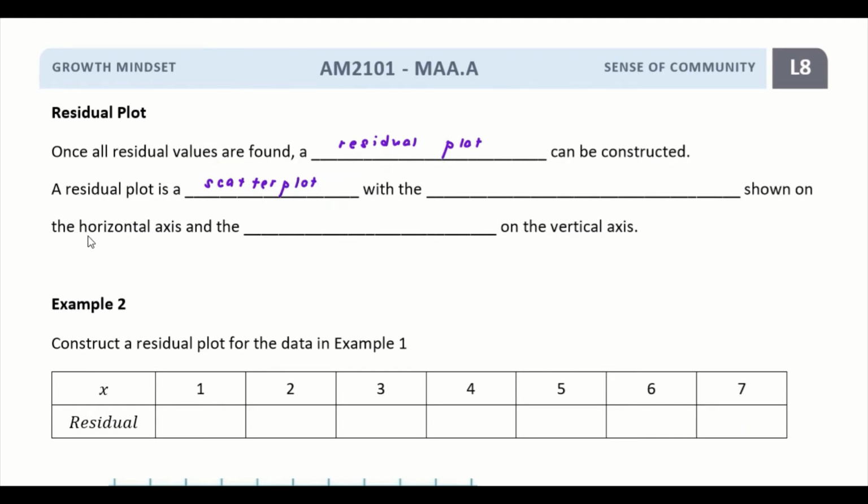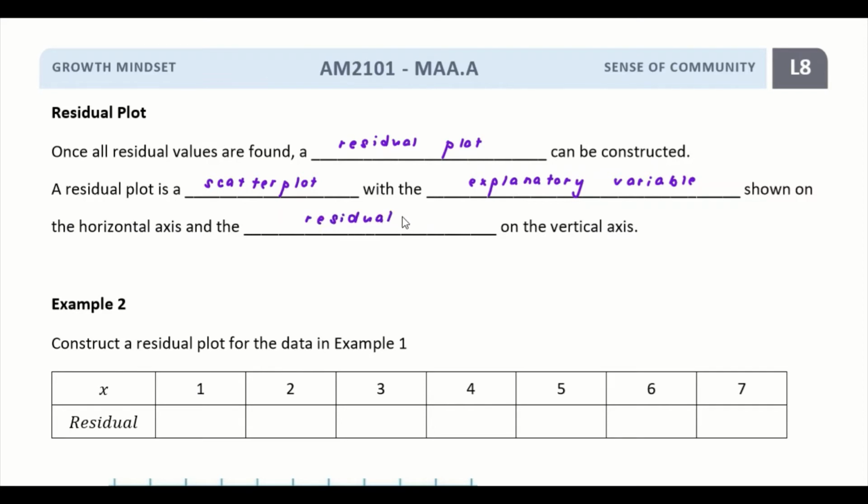On our horizontal axis, the x-axis, we have our explanatory variable, the same as our scatter plot. But what we plot on our vertical axis, the y-axis, is going to be different. What we plot on the vertical axis is our residual.